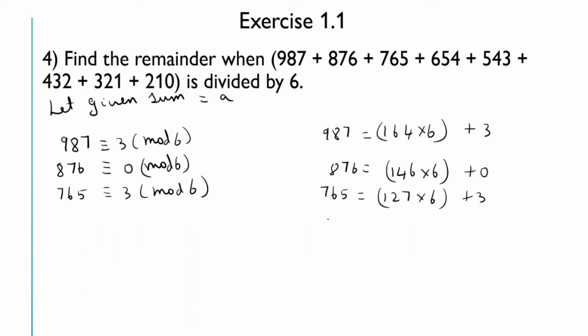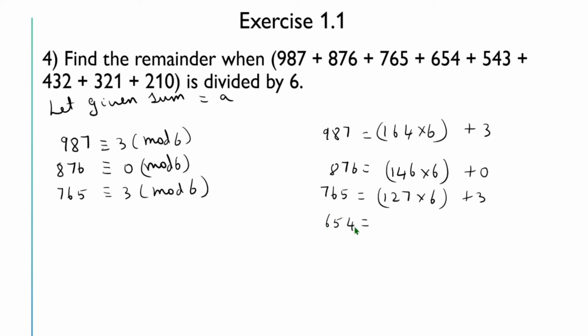The next number is 654. 654 is divisible by 6 because you see the sum of all the digits 6 plus 5 plus 4 is 15. It is divisible by 3 and it is an even number. So any number divisible by 3 and if it is an even number then it is divisible by 6.